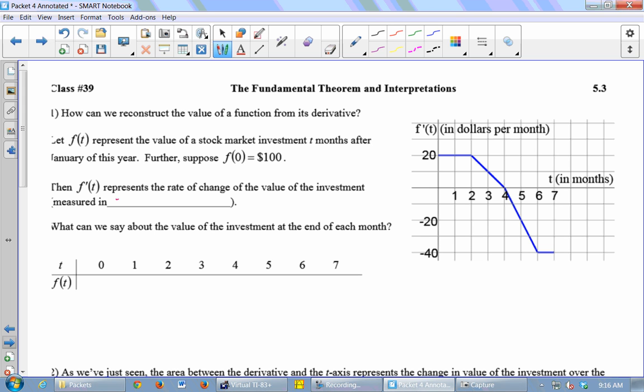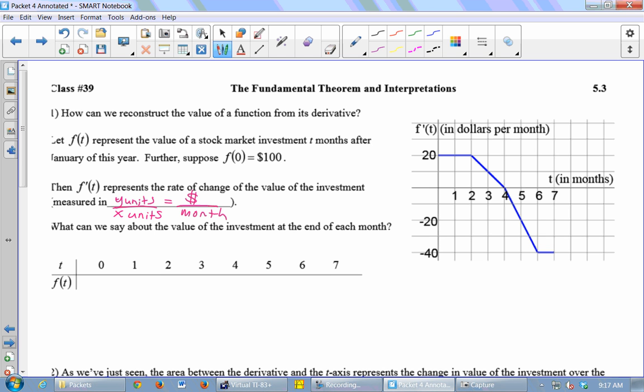So it's y units over x units. And in this case, that's going to be dollars per month. Okay, so f prime of t represents the rate of change of the value in the investment in dollars per month. And here I have it graphed, the derivative function.